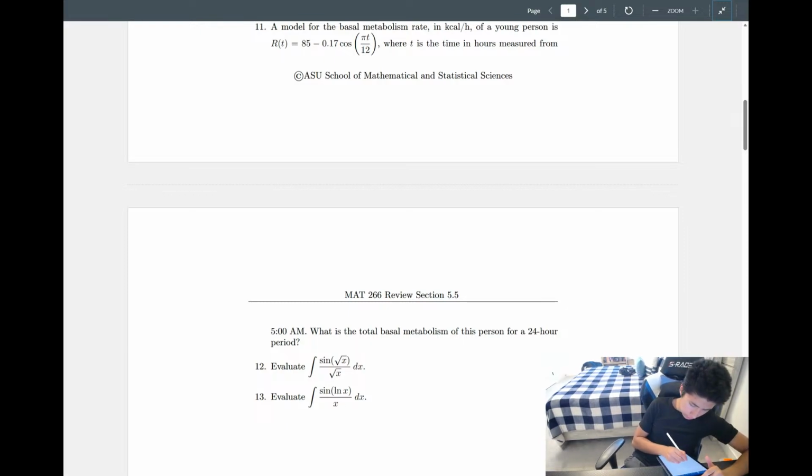We just get negative 0.17 sine of pi t over 12, and then times pi over 12. So times 12 over pi. That's just the integral. And then in a 24-hour period, this is going to be sine of 2 pi times 12 over pi.